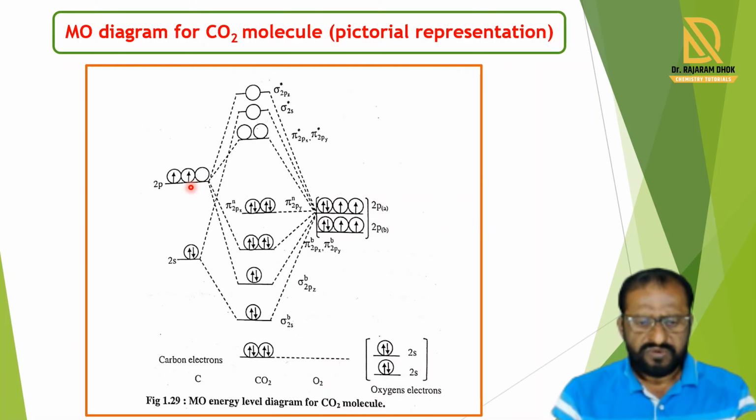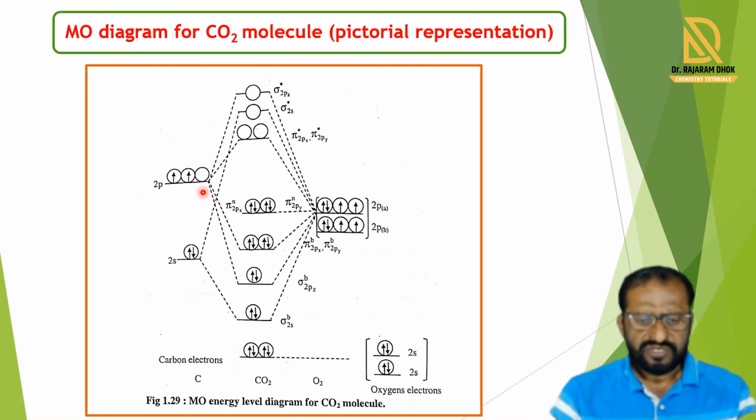Now the py atomic orbital of carbon and one oxygen's py atomic orbital form one bonding molecular orbital, that is pi 2py. Here in the diagram 2px notation is written, but actually we give the notation pi 2py and pi 2pz.